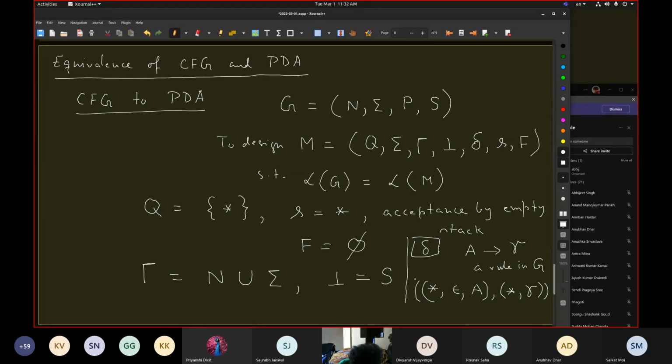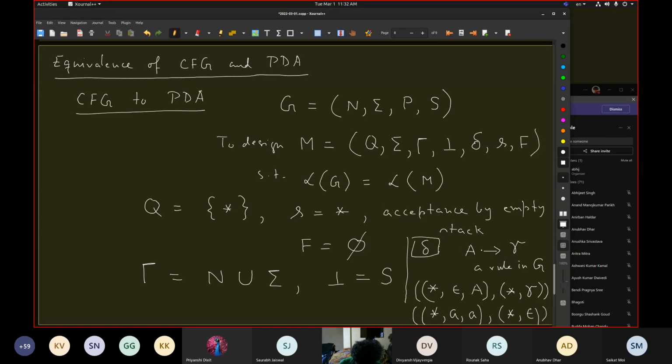And I will have another transition. The first is an epsilon transition, but I also have to consume symbols from the input. Look at this. This gamma consists of non-terminal symbols and terminal symbols.